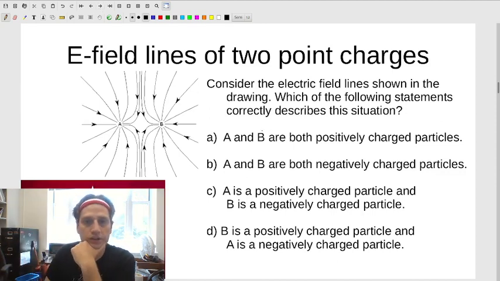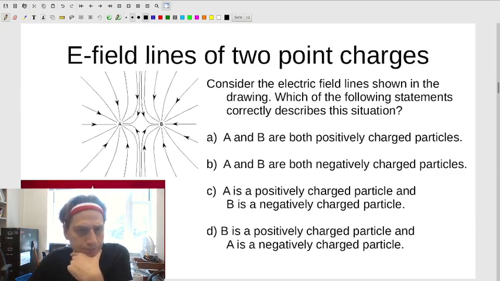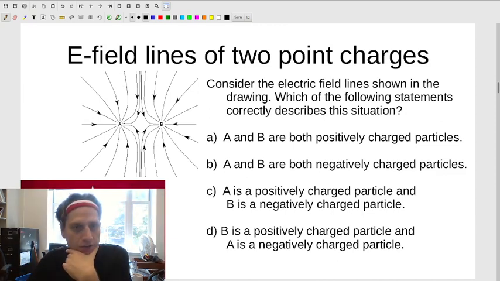So here it says, consider the electric field lines shown in the drawing. Which of the following statements correctly describes this situation? Are they both positively charged, both negatively charged? Is one positive, one negative? Is one negative and the other positive? Okay, so let's look here. I have my electric field lines pointing in towards A, so that means A must be negative. They're also pointing in towards B, so B must be negative.